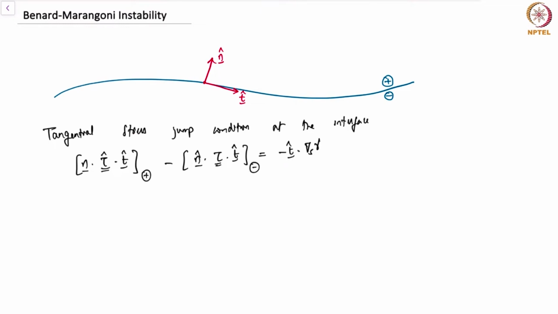And you may recall that the quantity tau is the deviatoric stress tensor, and it's equal to 2 mu S for a Newtonian fluid, where S is the strain rate tensor.